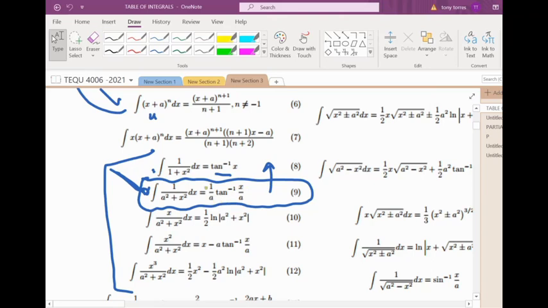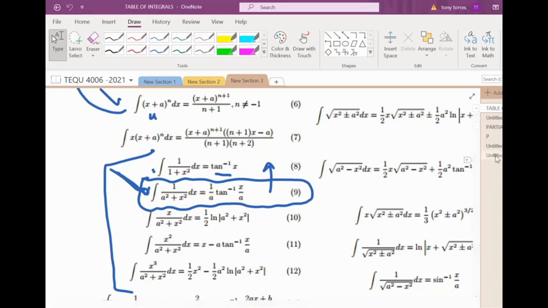It's just the inverse, 1 over a, and that's precisely what we got. The inverse of the tangent will be the result. At the beginning it was kind of difficult, but when you break it down, it ends up being very simple. So it's 1 over a inverse tangent of x over a.